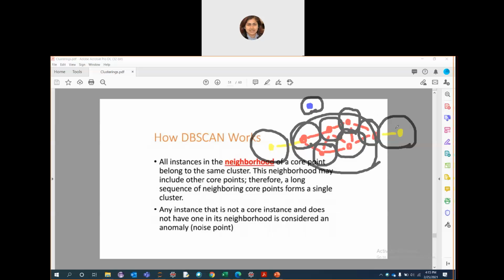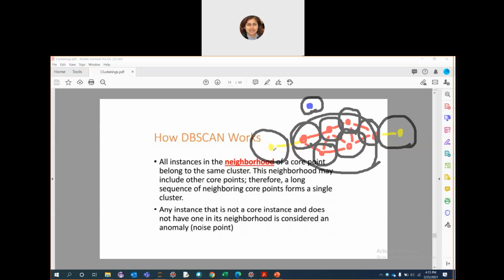The yellow points are considered as border points because they are reachable from the red core points, but have less than 4 points within their own neighborhood. They are placed far from the main core points, the red core points. So here reachability means being in the surrounding area of a core point.